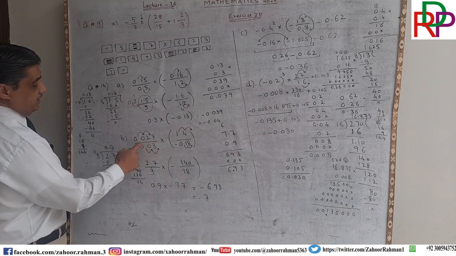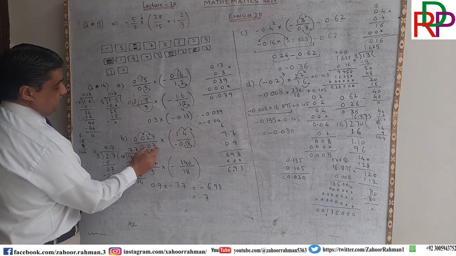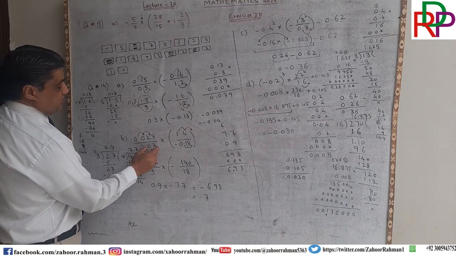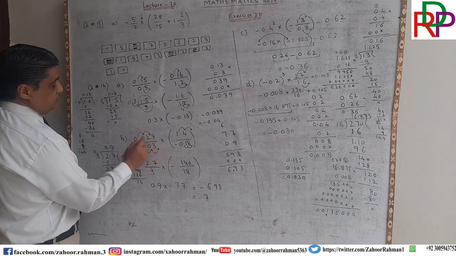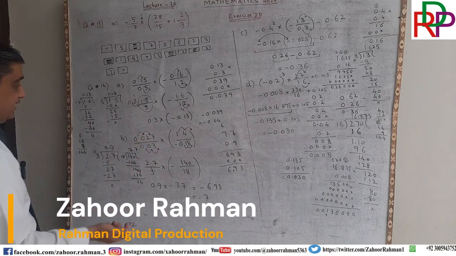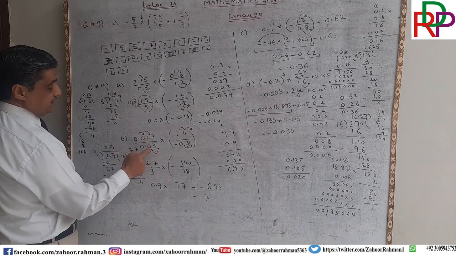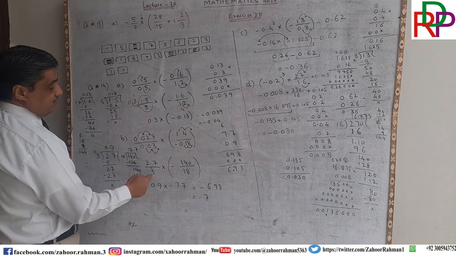Now we are turning our focus to part B. In part B, 0.027 all divided by 0.03. Because we have to move this decimal 2 times to the right, we have to move the decimal in the numerator also 2 times. So this will become 2.7 and this will become 3.